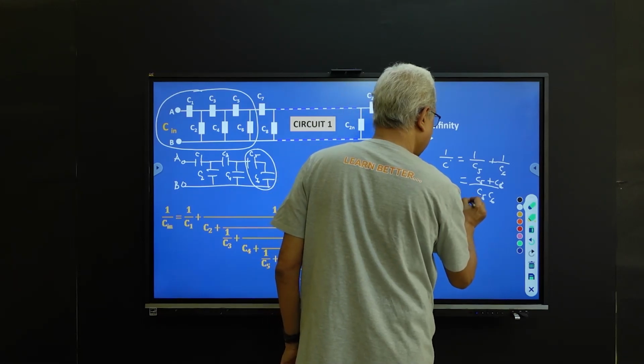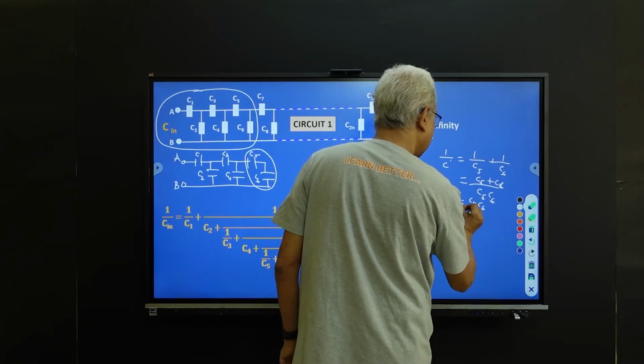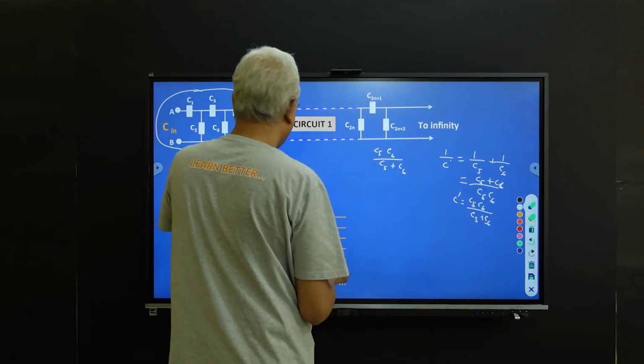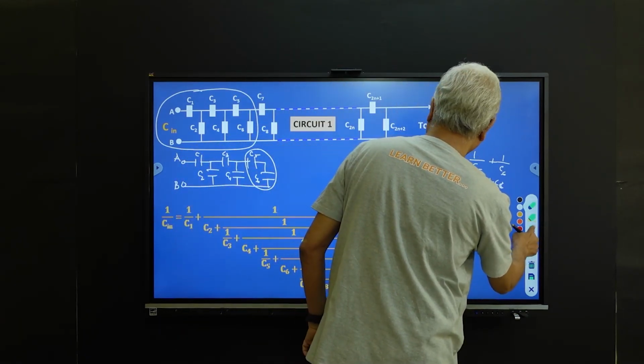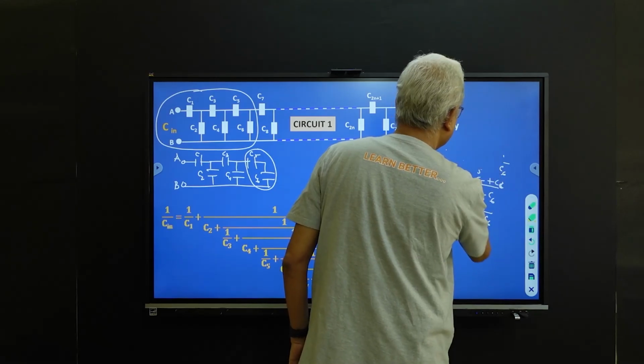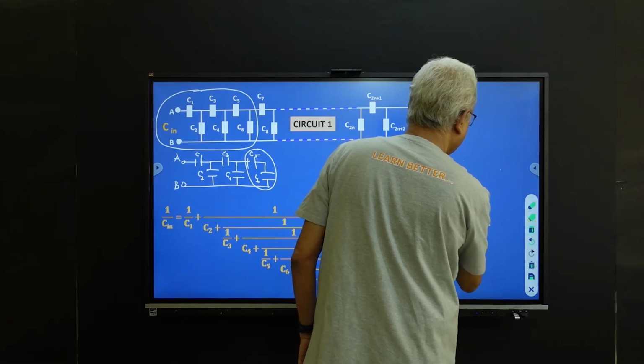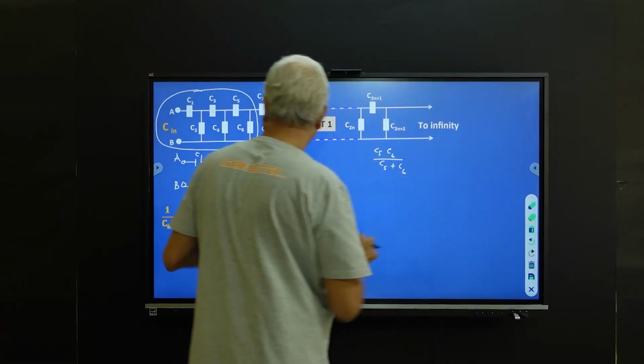Therefore C dash is C5 C6 by C5 plus C6. That we know. So this is the equivalent capacitance of C5 and C6 which are connected in series.